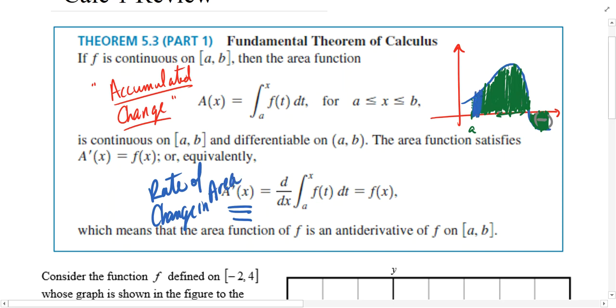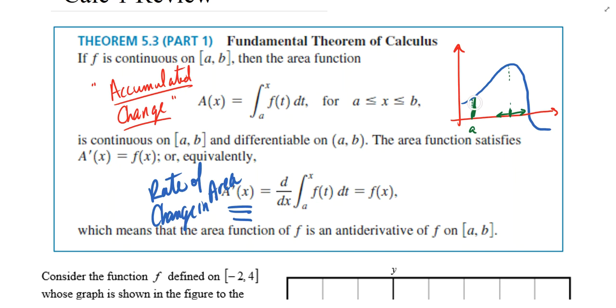Well, again, the area is getting larger here through the rest of this graph while the function is above the x-axis, but the area accumulation starts to decrease as the function falls below the x-axis. So again, we're accumulating more and more stuff here, and then as we switch over down here, we start losing stuff.